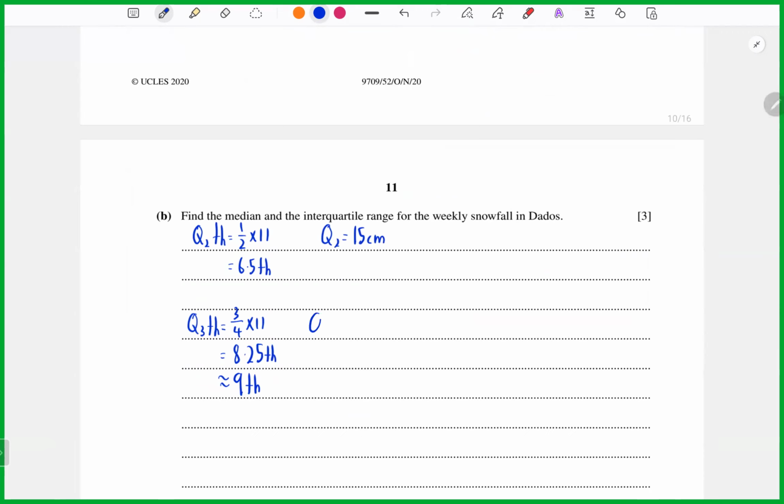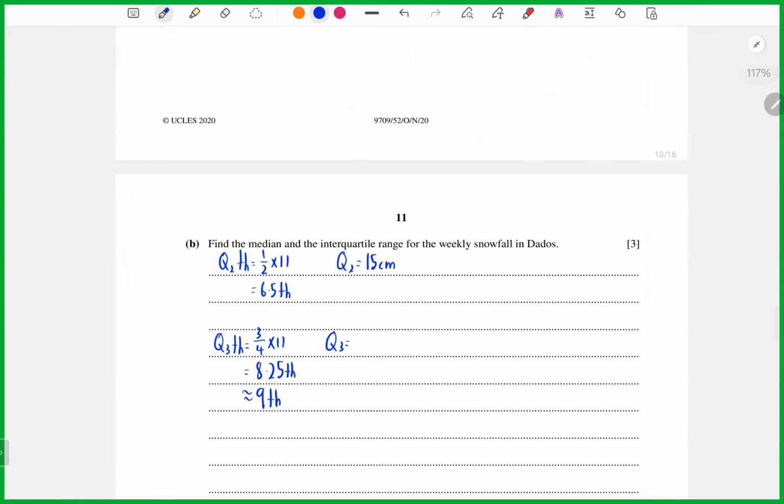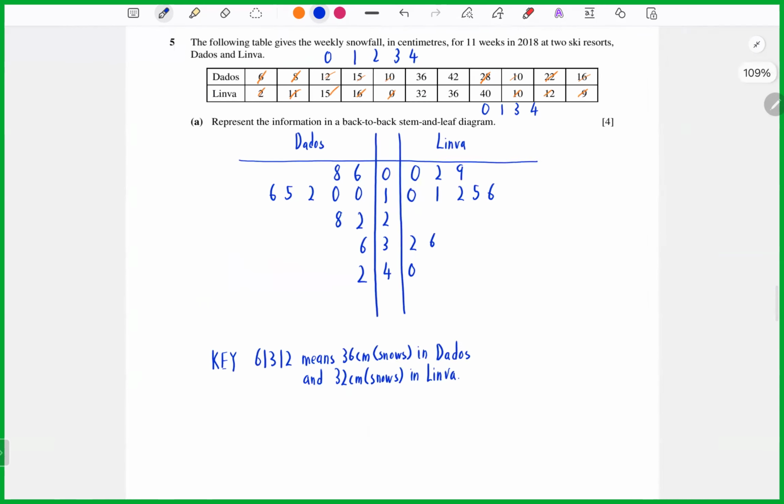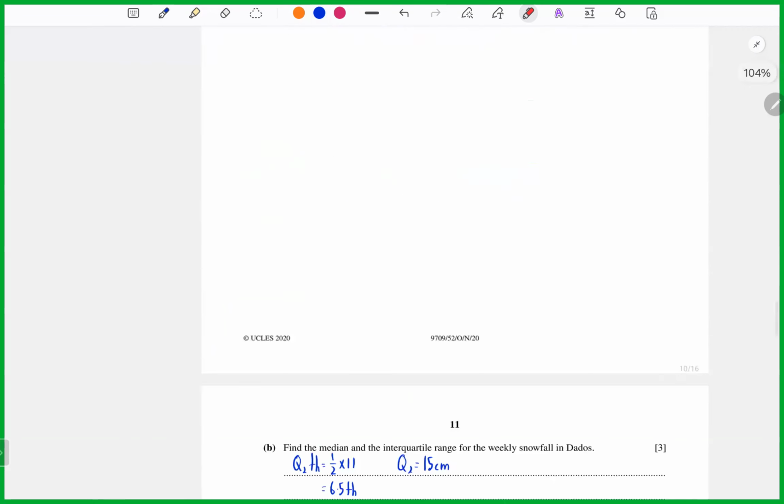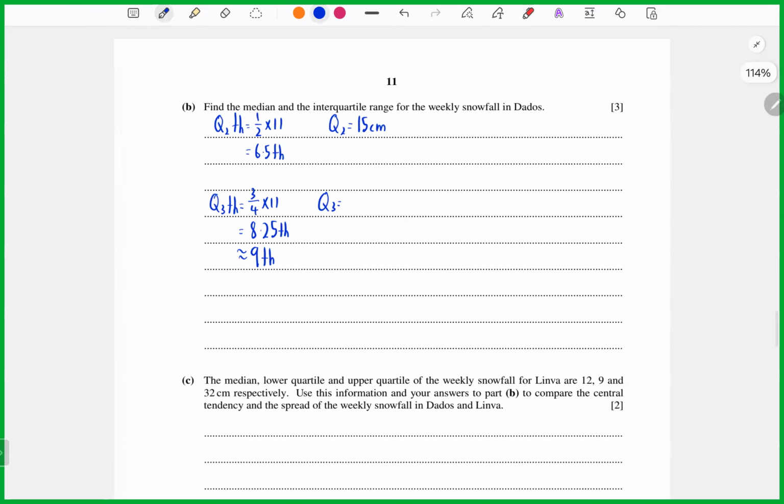So Q3 equals, we see at number 9. 1, 2, 3, 4, 5, 6, 7, 8, 9. So we take 28 cm.